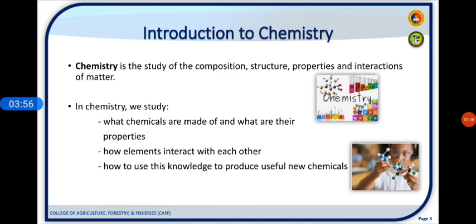So knowledge of the nature of chemicals and chemical processes therefore provides insights into a variety of physical and biological phenomena. Okay, so that's it. That is why chemistry is considered the central science.